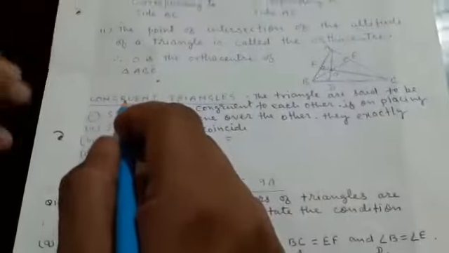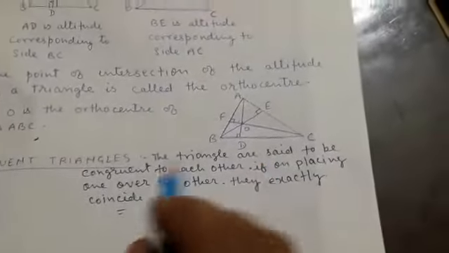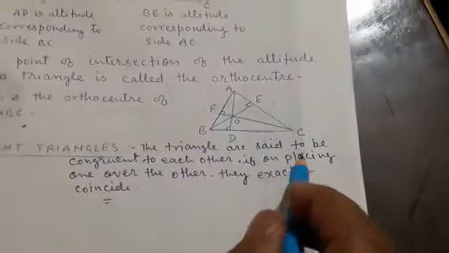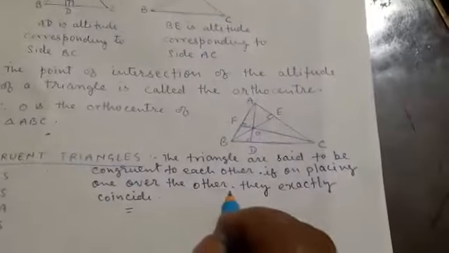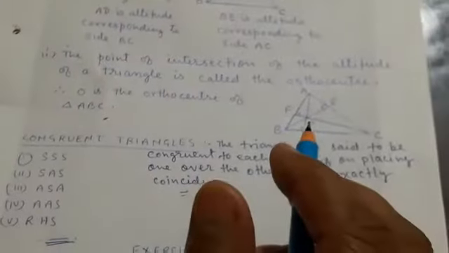Now children, we will see the next topic about congruency. Whom will we say congruent? The triangles are said to be congruent to each other if on placing one over the other they exactly coincide. It means if you put one figure on the other, it will cover all its shape.